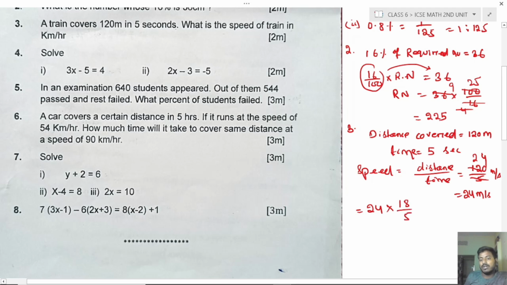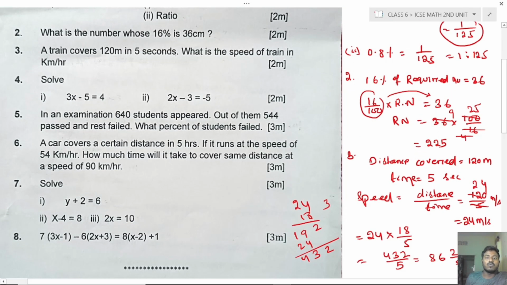Now multiply 24 into 18, that is 8 fours are 32, 8 twos are 16, 19, then 24, 2 1s are 13, carry 1, 2 threes are 4, that is 432 divided by 5 equal to 86 2 by 5 kilometers per hour. Clear?